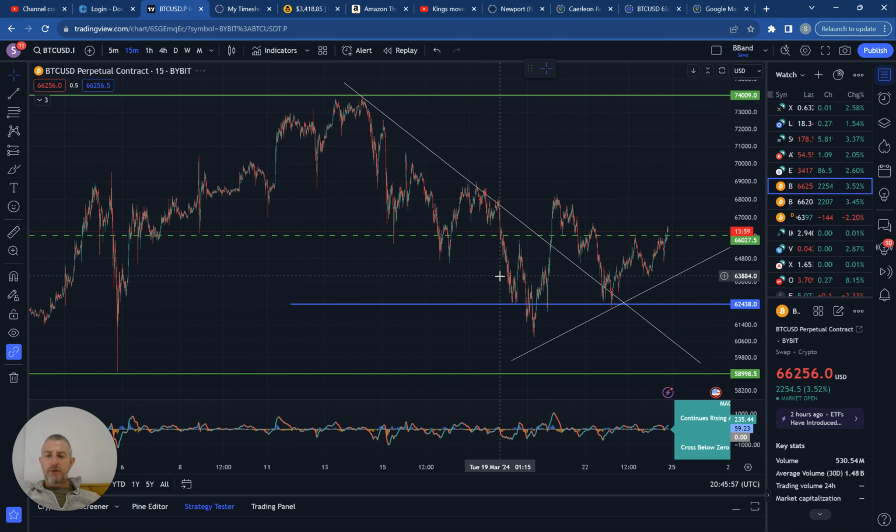So the lower time frame downtrend, bounce, and then here you can see on the 15-minute we've got lower highs and lower lows. Excuse me.